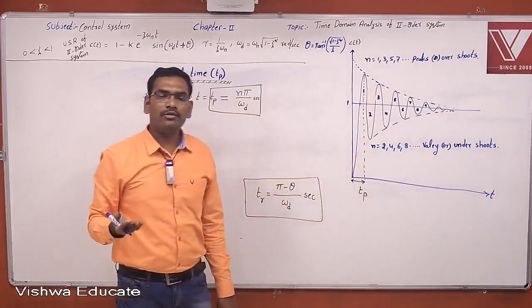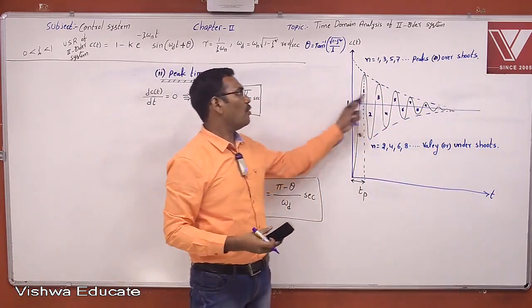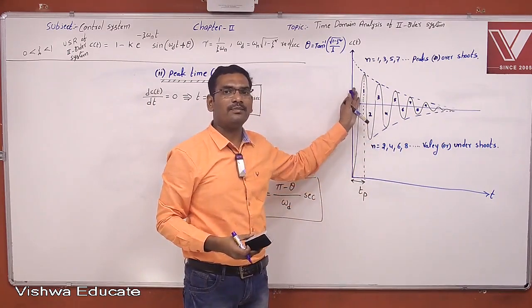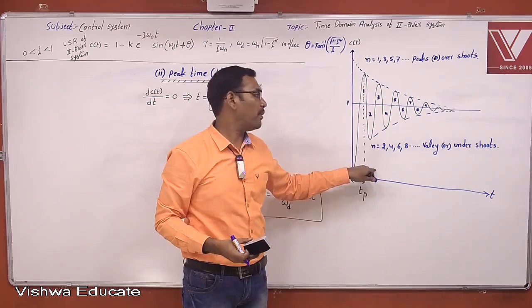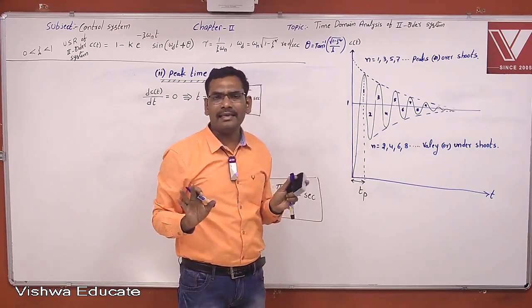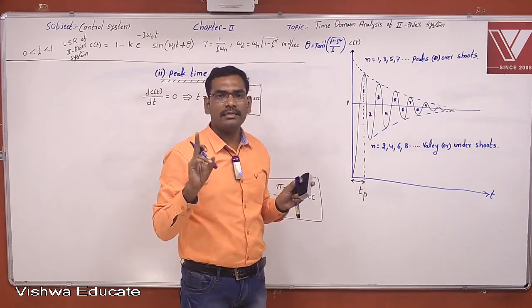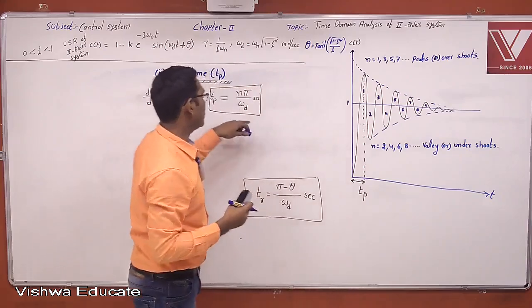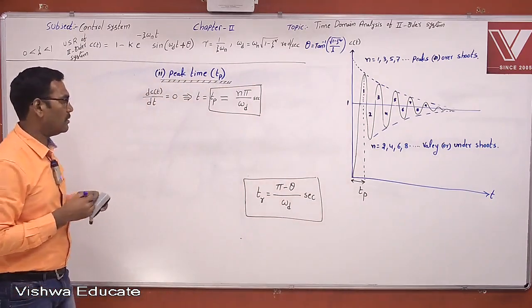These are called undershoots. The values over the steady state level are overshoots, and under the steady state level are undershoots. So these are peaks, valley points, overshoots and undershoots. Therefore, peak time is n equal to 1, second peak time is 3, third peak time is 5, fourth peak time is 7, like this.